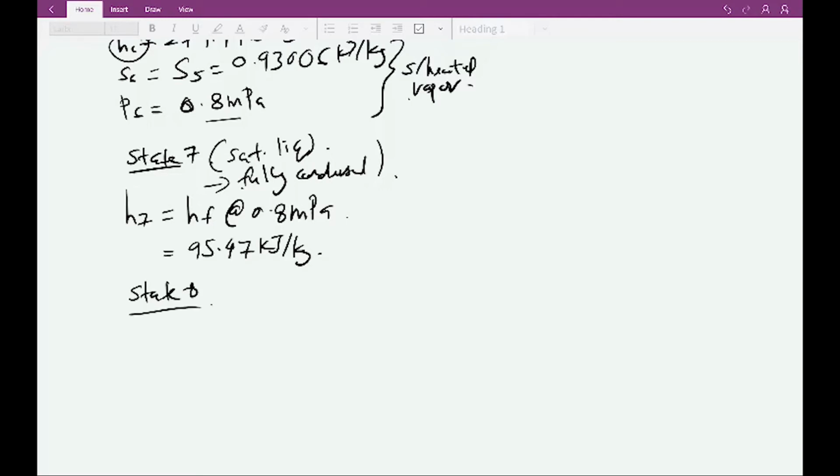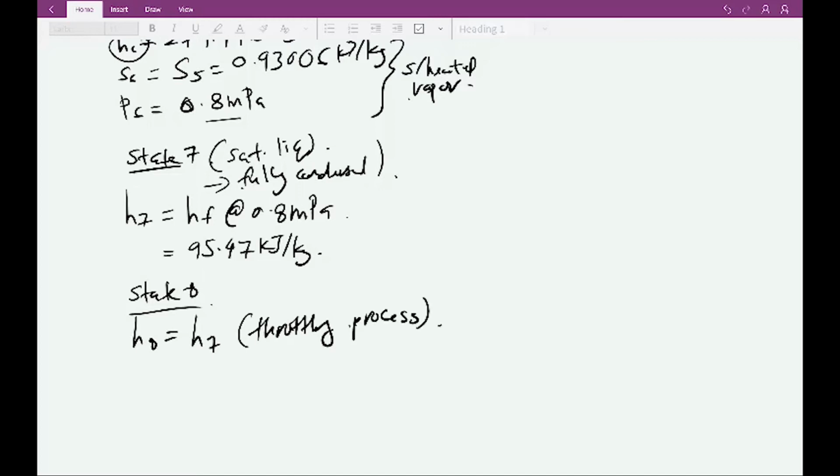Okay, state 8, very simple, because from 7 to 8 it passed through the expansion valve. And we know that in the expansion valve, the enthalpy is constant, because it is a throttling process.